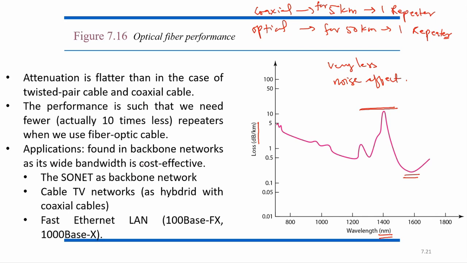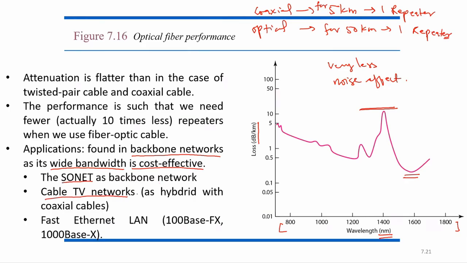Its application is found in backbone networks, the ones connecting the base network, which utilize optical fibers, and it has wide bandwidth and is cost effective. Wide bandwidth means a large frequency range, in terms of the wide range of supported wavelengths. Examples of application are SONET type networks or cable TV networks.